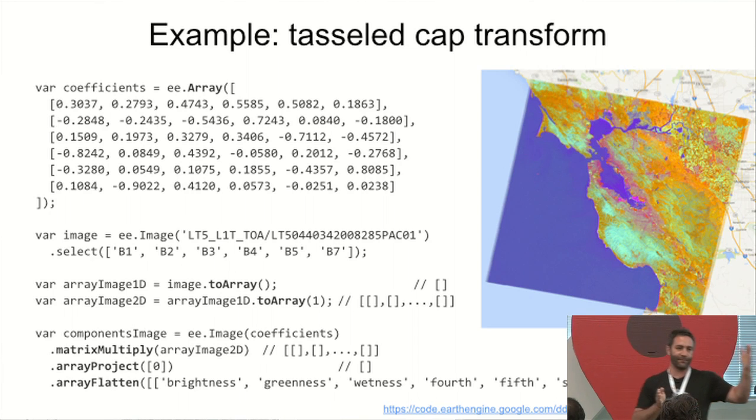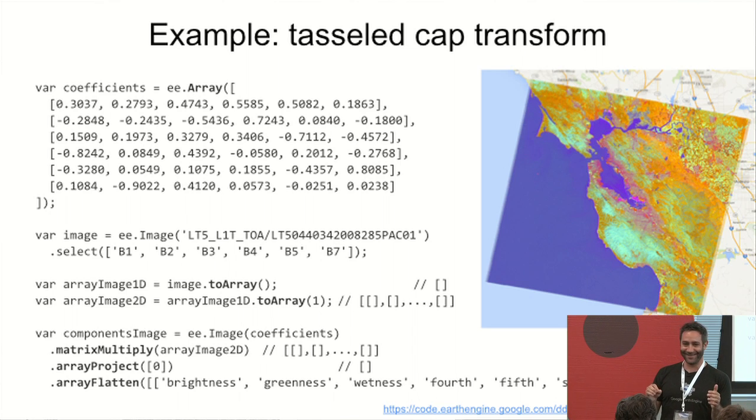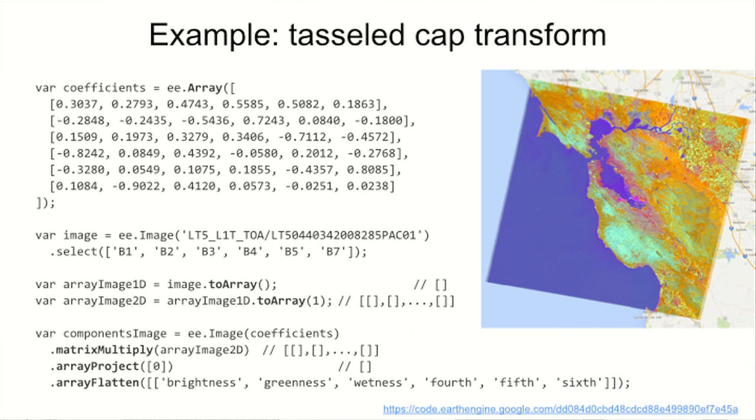So this is like the reverse process of calling .toArray on the image. .toArray1, you're right. Thank you. Be my compiler. So .toArray1 goes in this direction, arrayProject goes in the other direction.